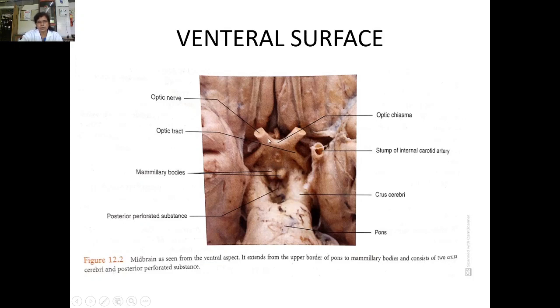This interpeduncular fossa is present on the base of the brain, and it is bounded anteriorly by the optic chiasma and posteriorly by the upper border of the pons.